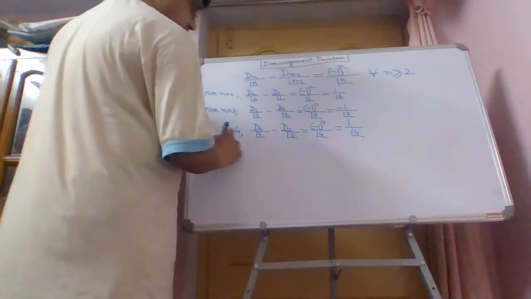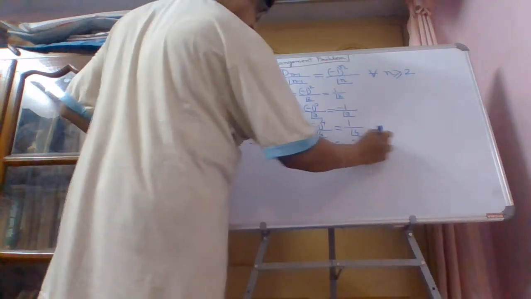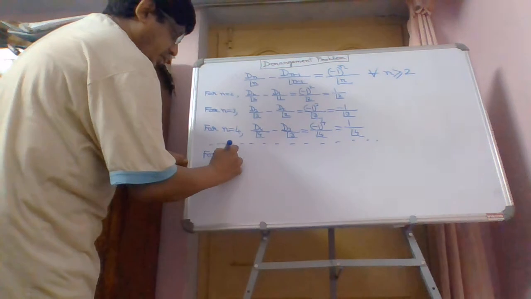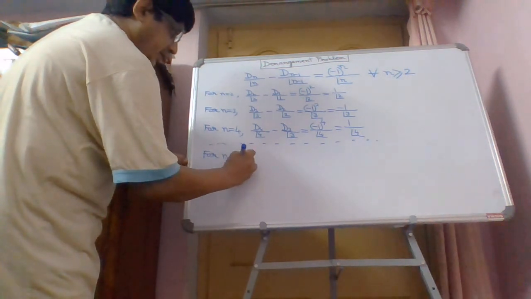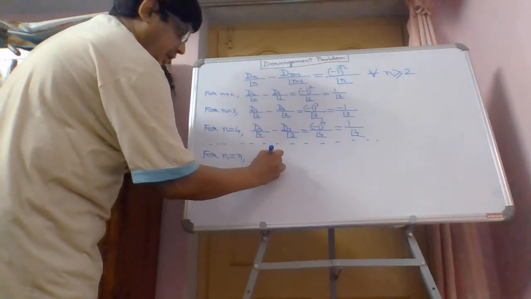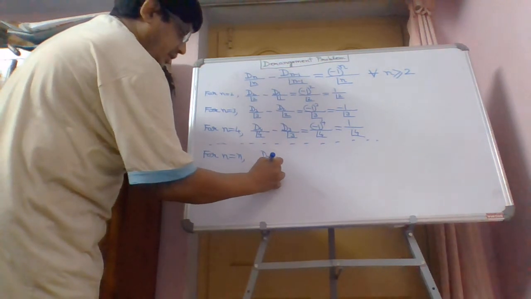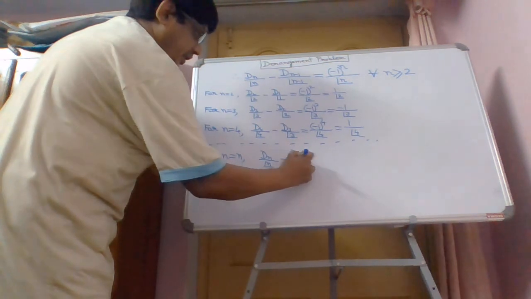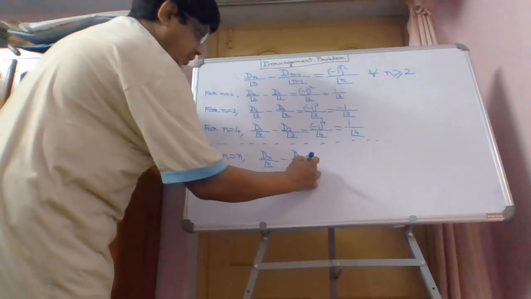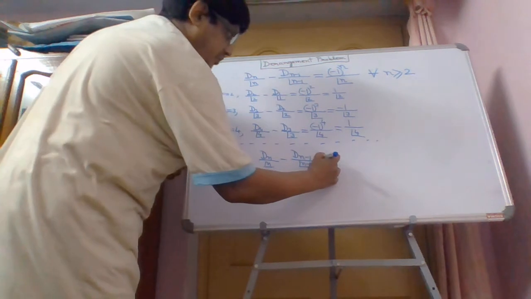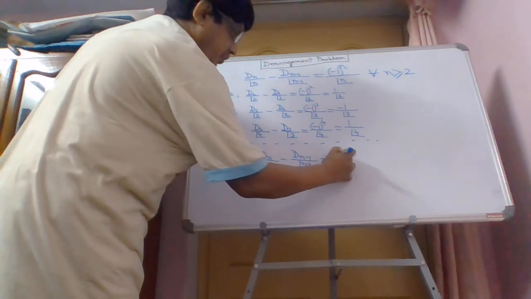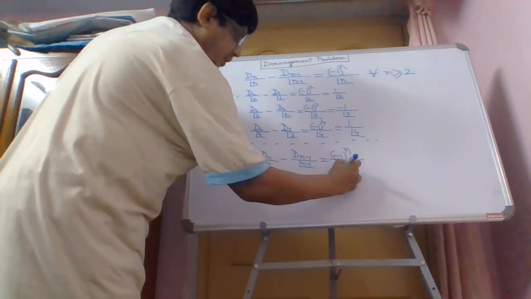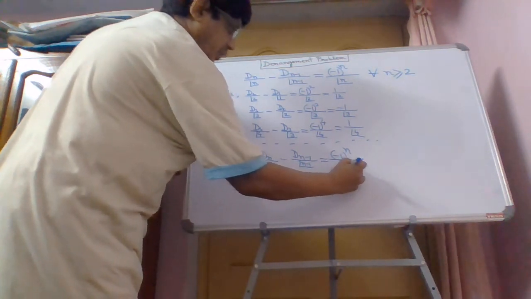So we continue in this manner, and finally for n is equal to n, we must have dn by n factorial minus dn minus 1 by n minus 1 whole factorial must be equal to minus 1 to the power n divided by n factorial.